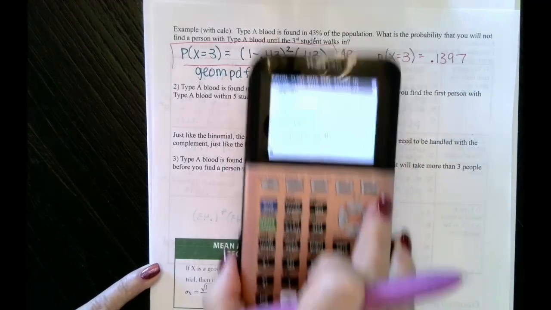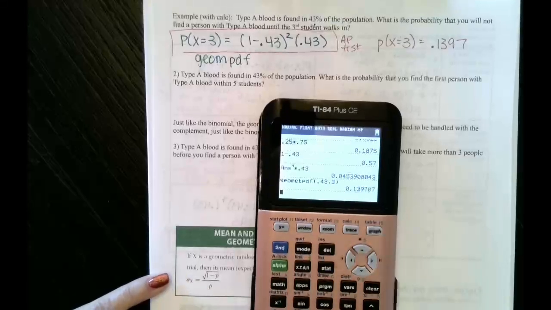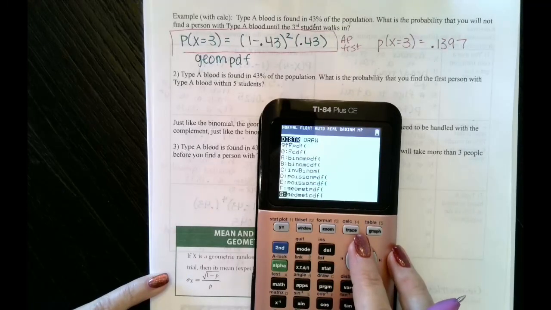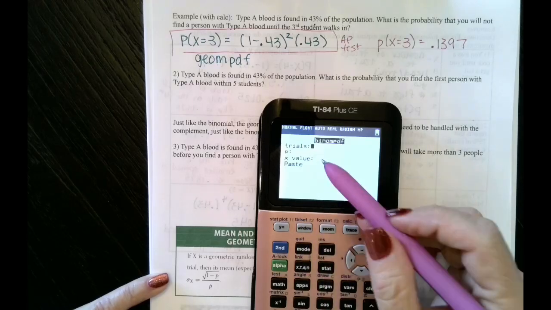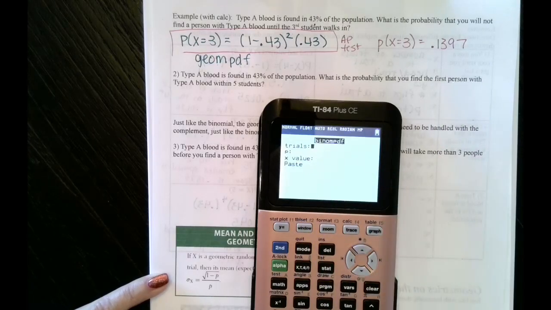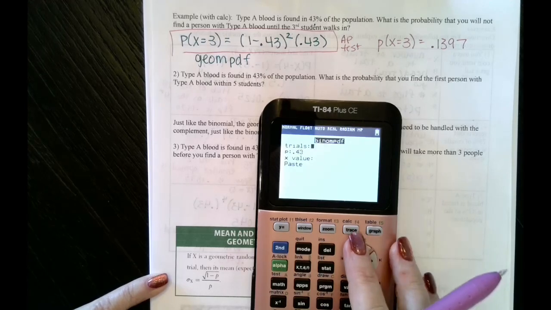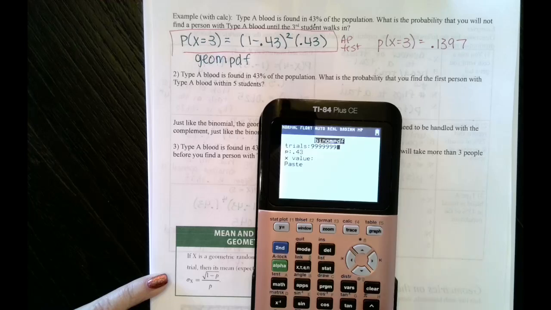Okay, now I'm going to do this just to kind of show you the difference. If I go back in here and do a distribution and I go to binomial PDF, it's asking me for the number of trials. So if I say, well, it's 3 trials and my success ratio is 0.43, oh, sorry, that's not what I want. So let's just say I have a whole bunch of trials. What's the value that this is 3?